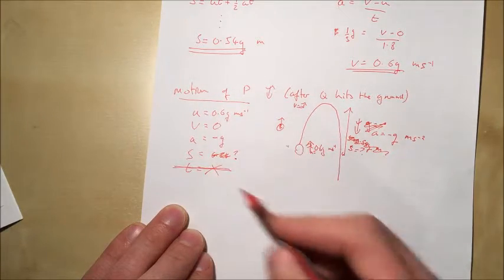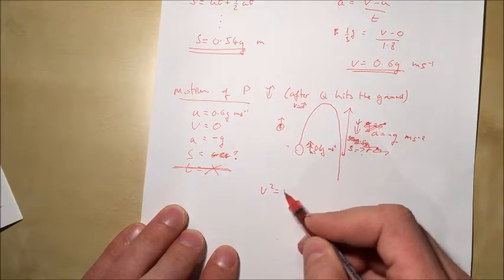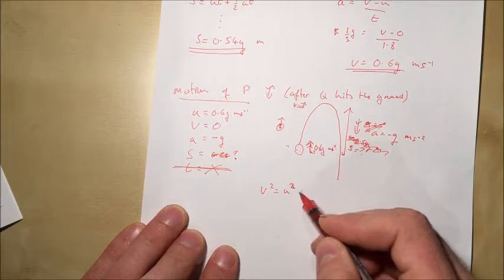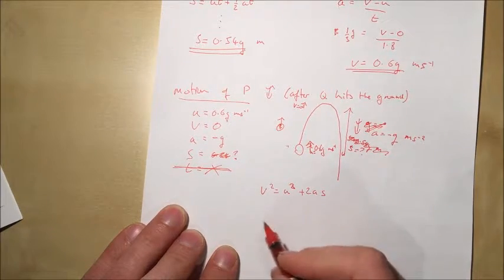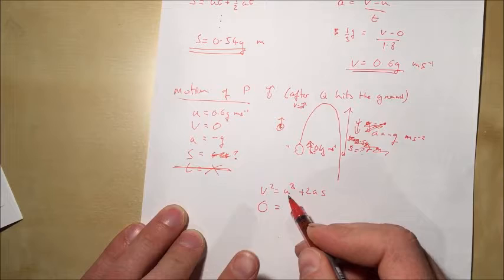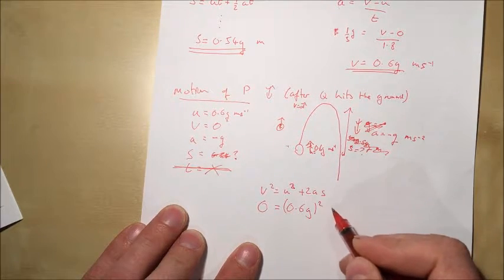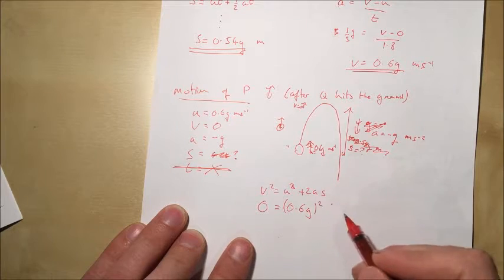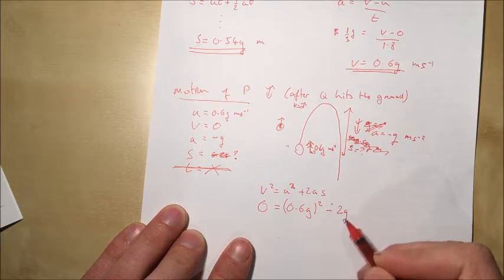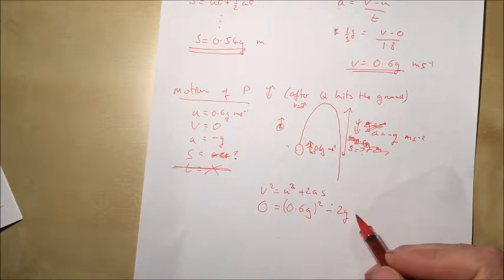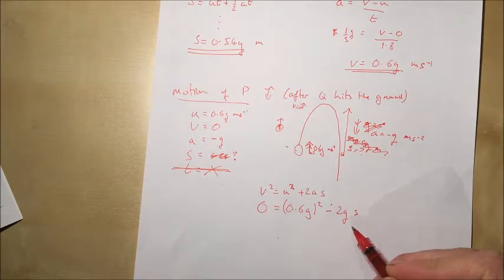So looking at this, I'm going to have to use V squared equals U squared plus 2AS. 0 equals U squared, 0.6 G all squared, plus 2 times A, so that's minus 2G times S, which is what we're trying to find.